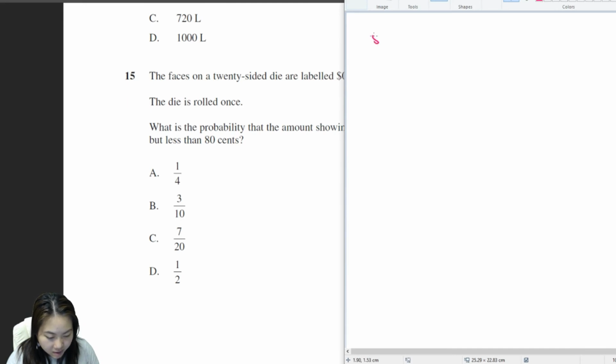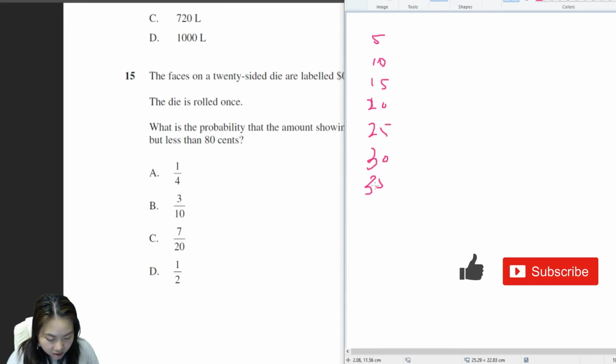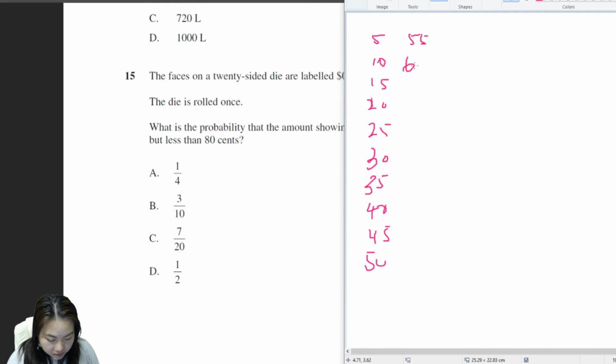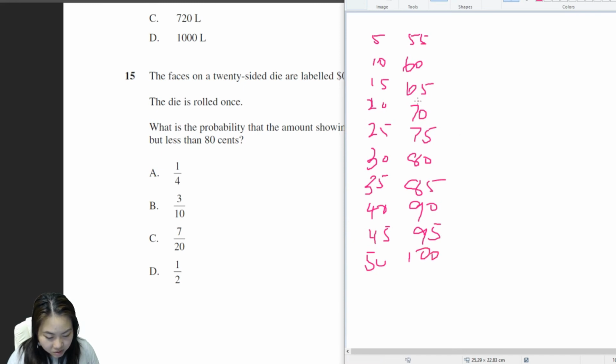So we have 5 cents, 10 cents, 15, 20, 25, 30, 35, 40, 45, 50, 55, 60, 65, 70. I know this looks like I'm taking a long time, but trust me, this is going to be so much faster than if you had tried to think of any other way of doing this.